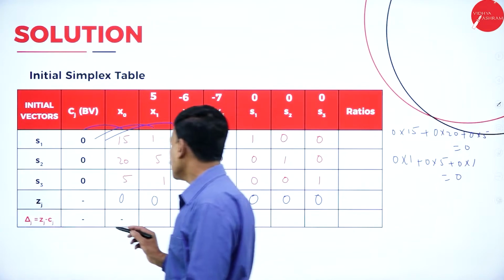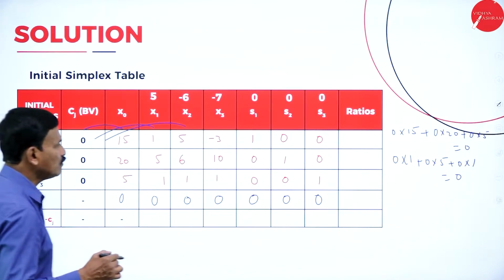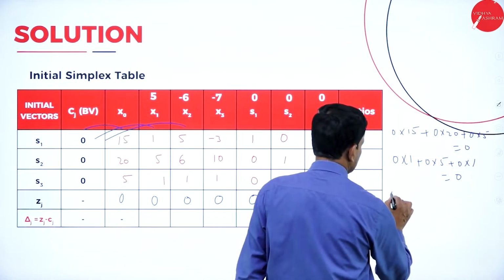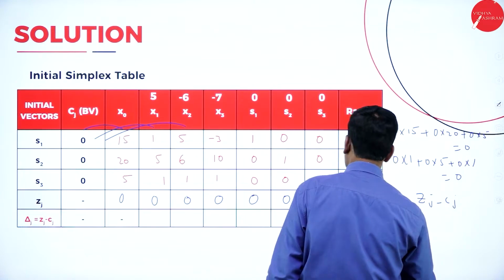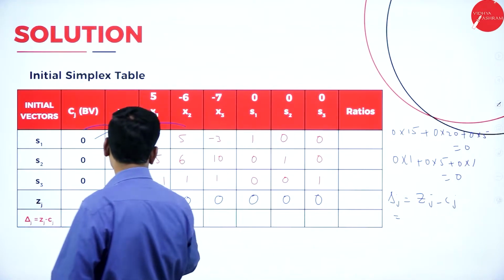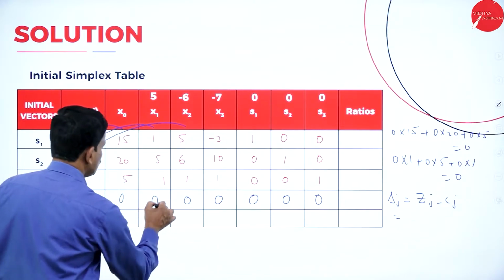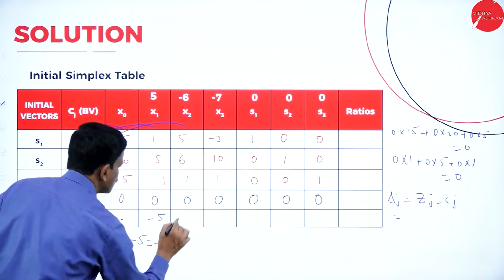Now find out the value of delta j is equal to Zj minus Cj. So the first value is 0 minus x1, that is 0 minus 5, which is equal to minus 5.